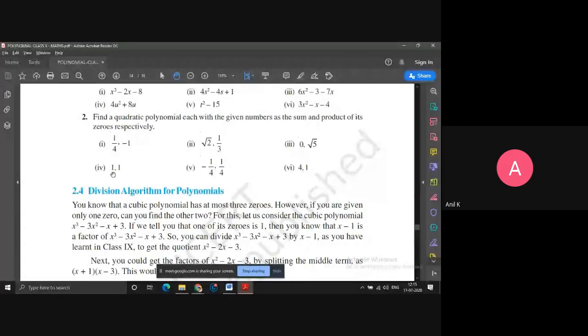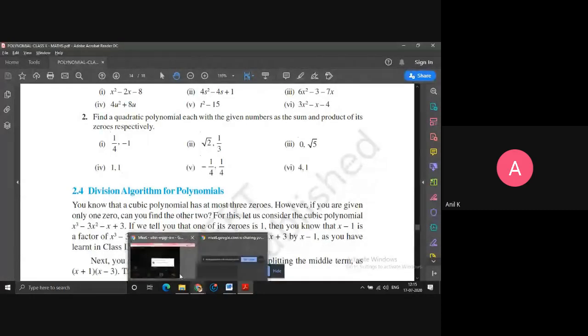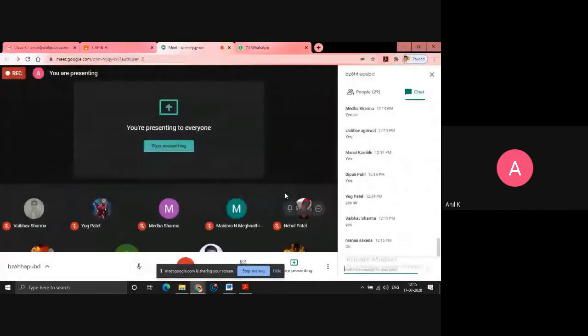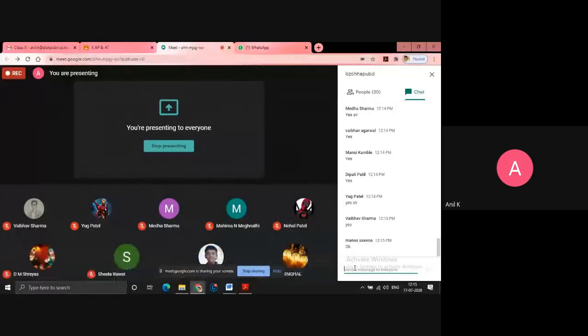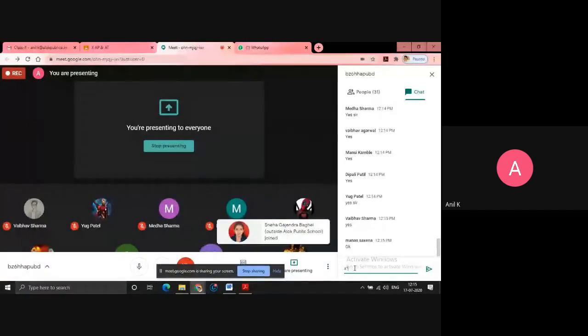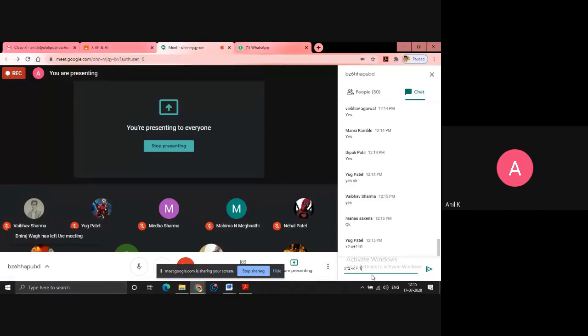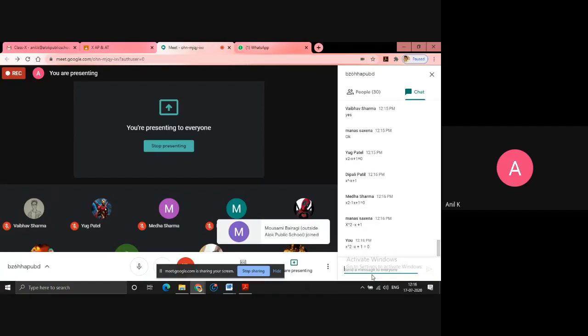Can anyone give me the answer for the fourth question? Sum is 1, product is 1. What will be the equation? Can anyone just type your answer here? The answer is x square minus x plus 1 equals 0.